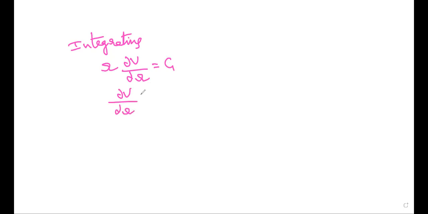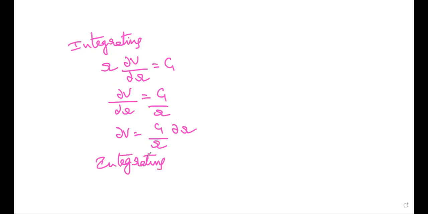Then dou V by dou r is equal to c1 by r, dou V is equal to c1 by r into dou r. So integrating on both sides, V is equal to c1 log r plus c2. This is equation 1.